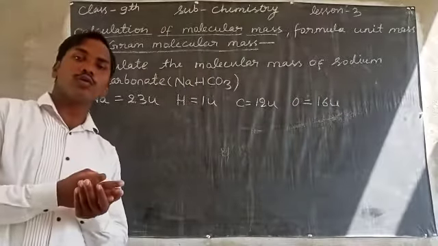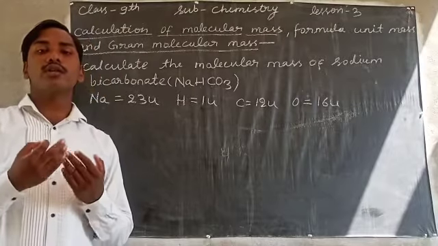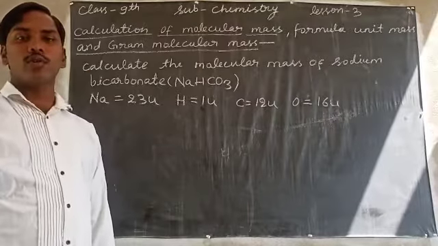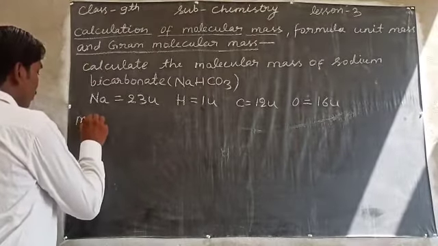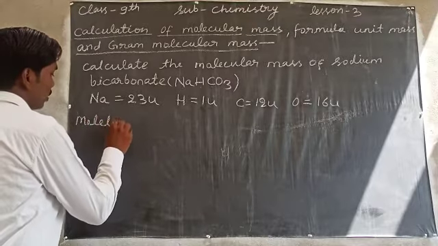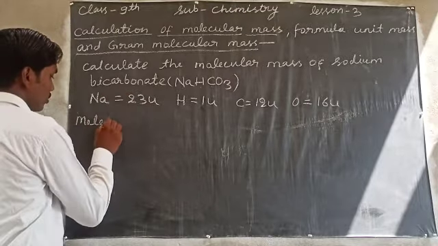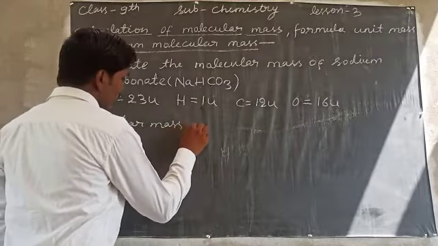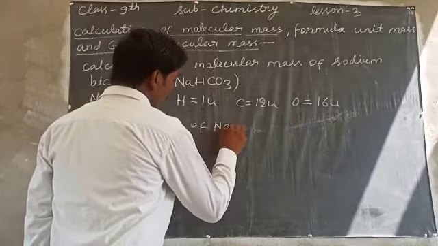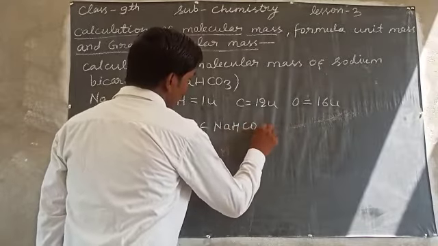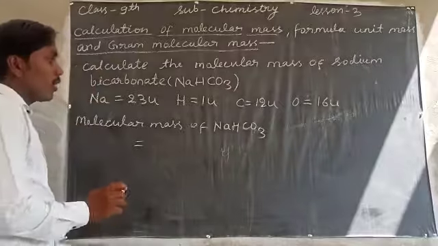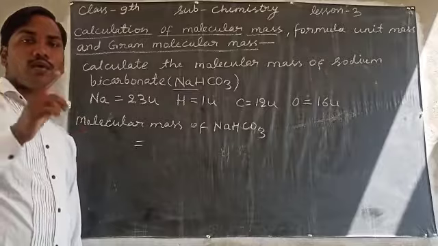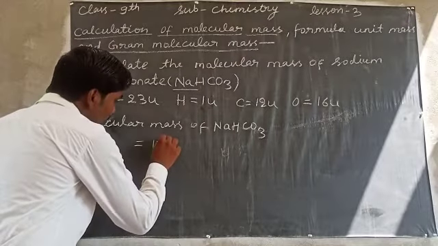Now I told you that molecular mass is the sum of the atomic masses of all the atoms. So molecular mass of NaHCO3 is equal to, here you can see there is one atom of sodium, so it will be 1 into 23.